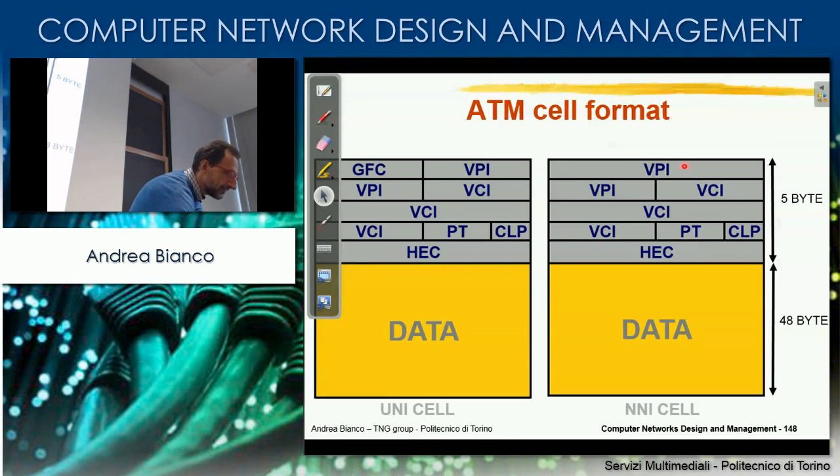We have VPI and VCI, and this is 5 bytes, so it's 12 bits of VPI and 16 bits of VCI, which are the two labels for the virtual path and virtual circuit identifier. They are called VPI and VCI. There is one priority bit with a very similar meaning and idea as the one we have seen in frame relay. Do you remember there is one discard eligibility bit in frame relay to have high and low priority traffic within a virtual circuit? Okay?